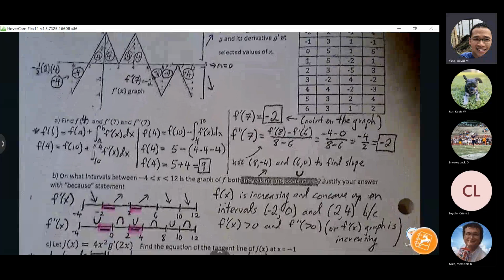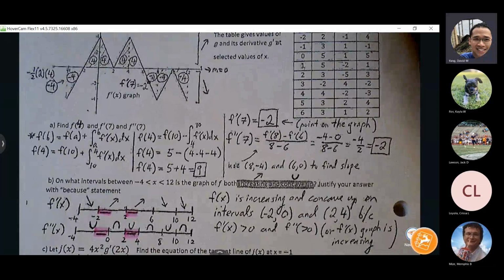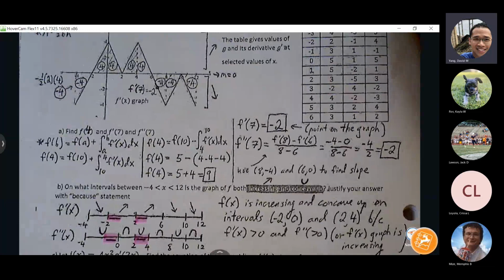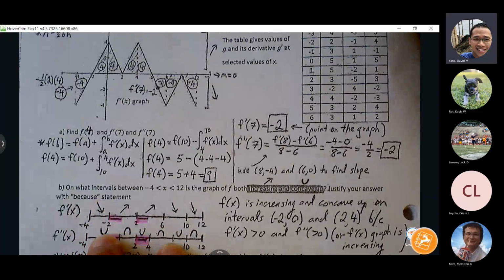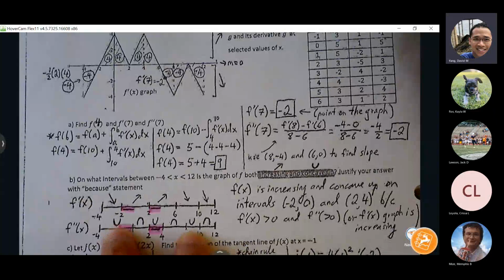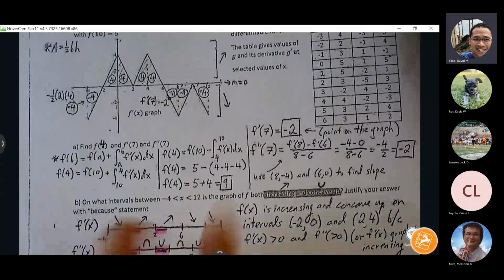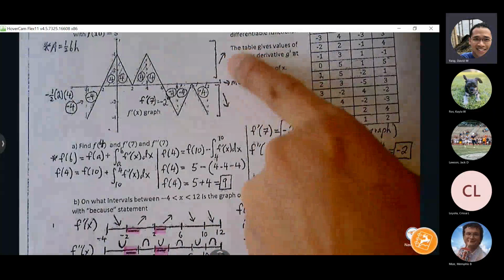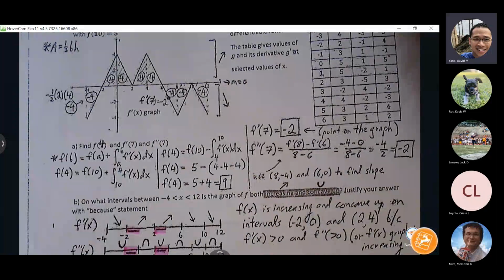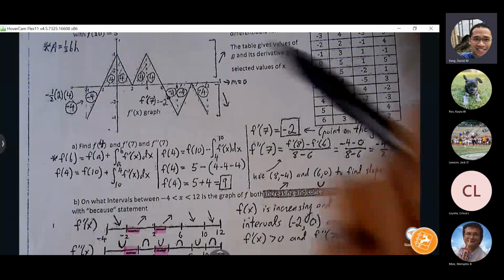Okay, part B, on what interval between -4 and 12 is the graph of f both increasing and concave up? But first, I wanted to create my slope and concavity sign line. So we just talked about how we can label our derivative graph with those arrows.